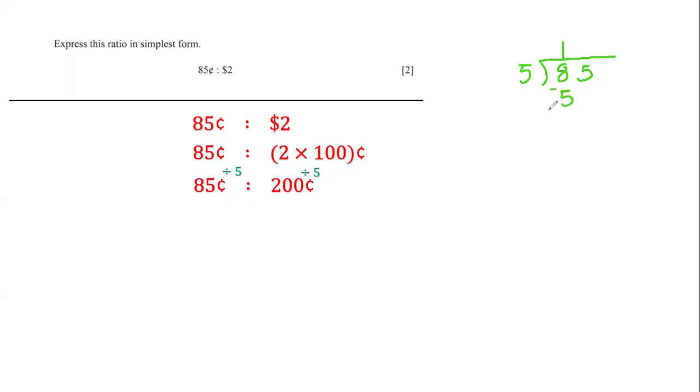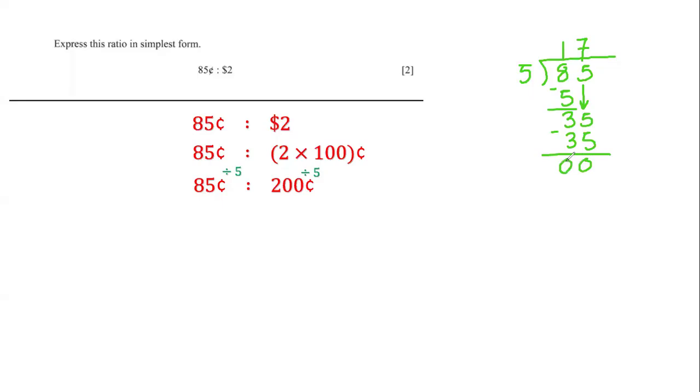So we subtract: 8 minus 5 is 3. We bring down the 5. How many times does 5 go into 35? 7 times. Very good. 5 times 7 is 35. And so we have 35 minus 35, which is 0.